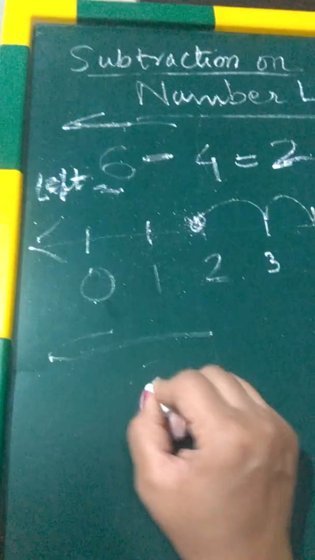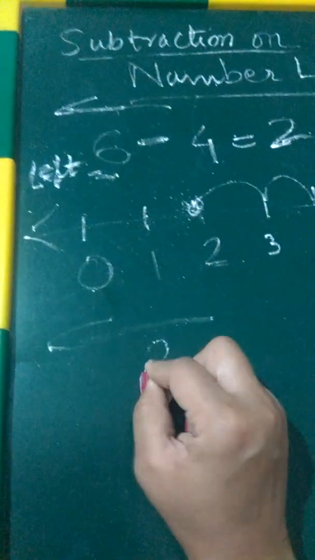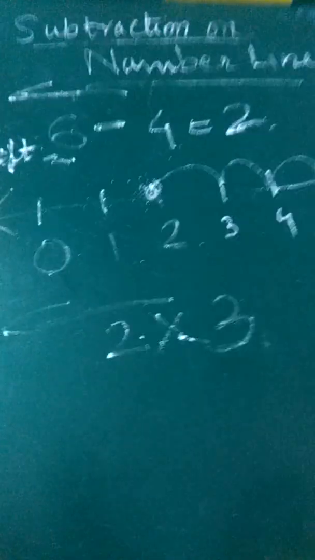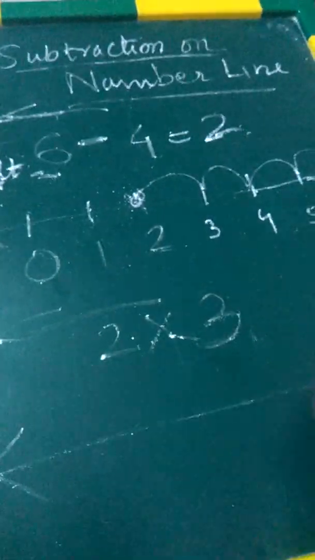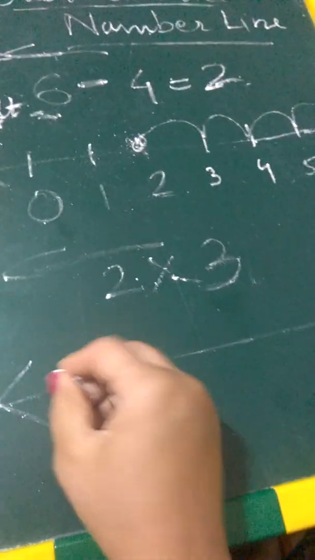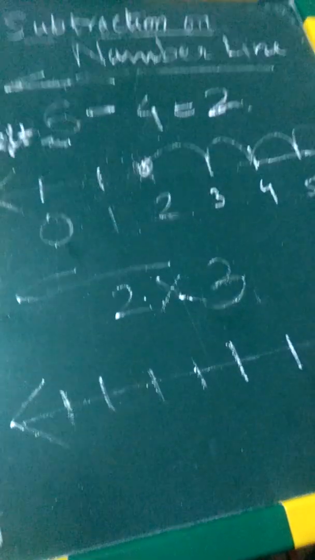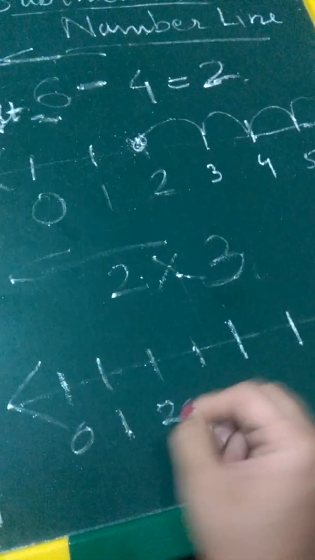Then multiplication. Suppose I have to do 2 multiplied with 3. Then draw the points.